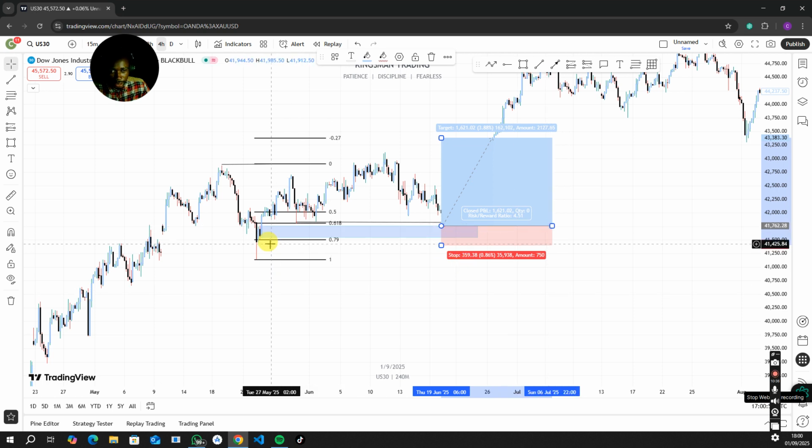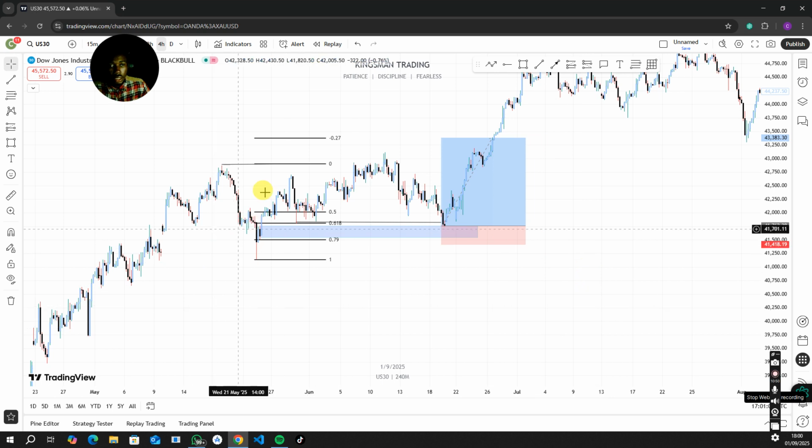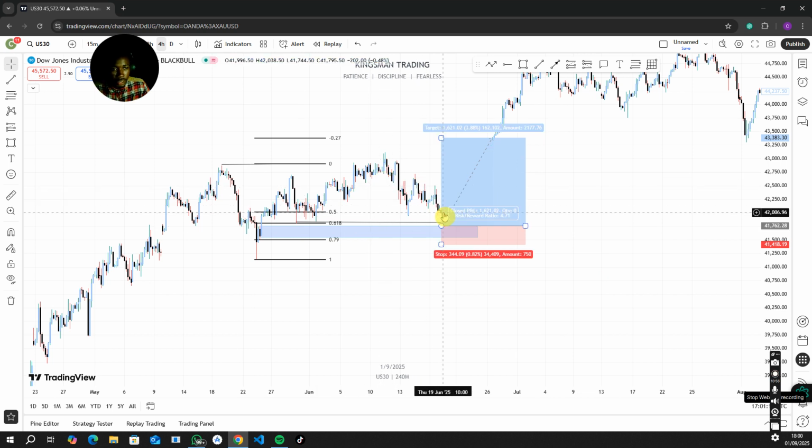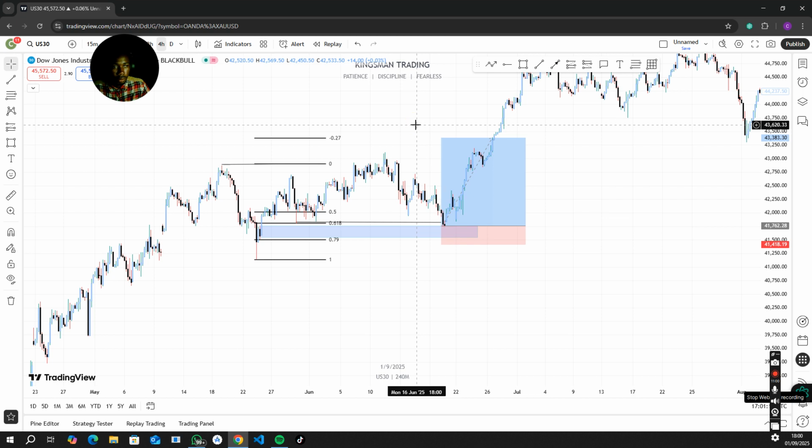Most of the time you can tell from your zone where to put your stop loss. But for this setup, our stop loss is very considerable to put it below this level. And as you can see, our Fib tool helped us to identify a high probability zone that price in fact came into, tapped in, and then it advances from there.